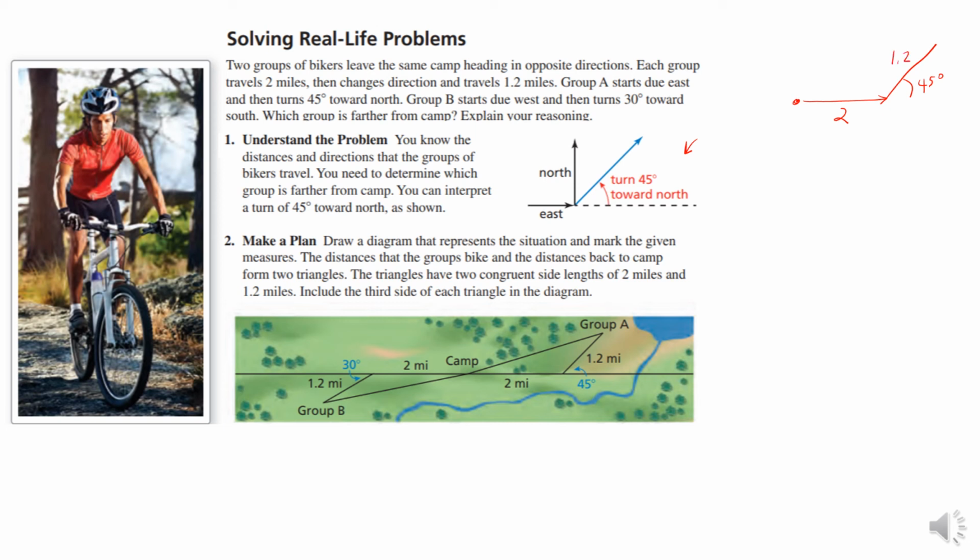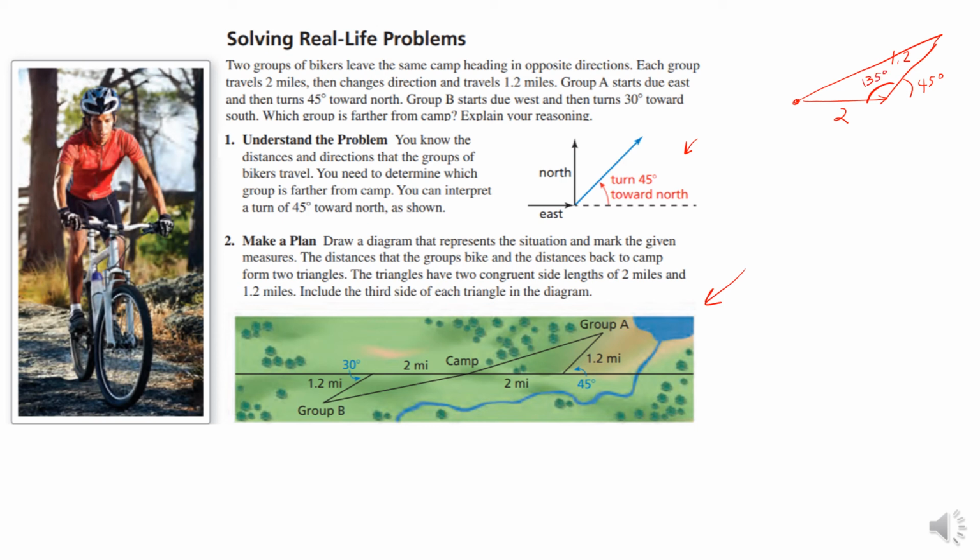So then we're going to draw our triangle to show how they traveled. Okay, and you can see that on this picture here. Okay, now the second group, so what you have to do when you're thinking about this is find this angle. So that is 180 minus 45, which would be 135 degrees.